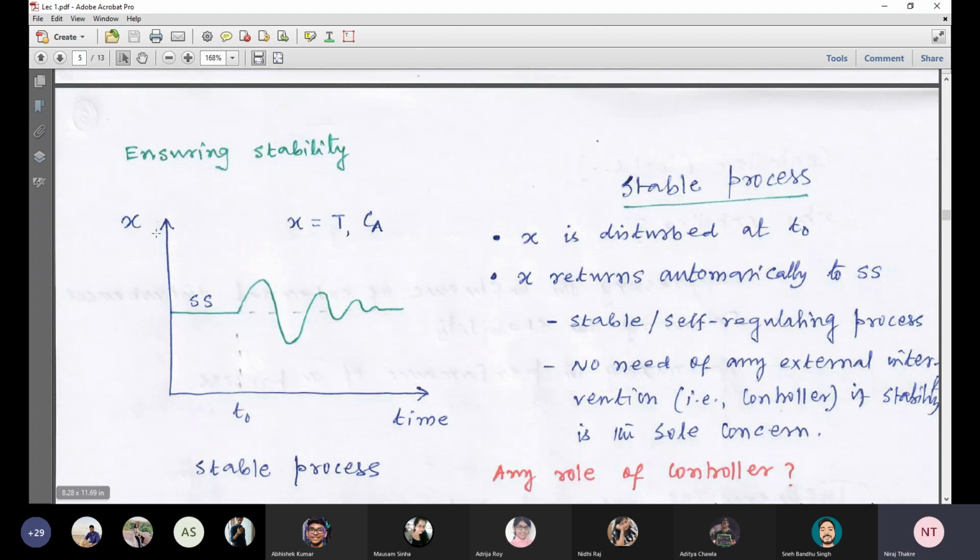So along the y-axis we are considering X. X may be temperature, maybe pressure, maybe concentration, and along the x-axis we are considering time.